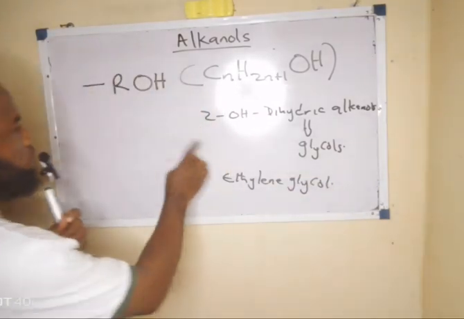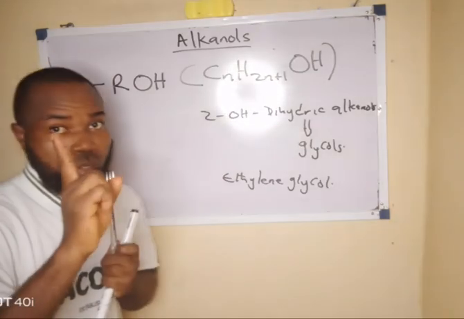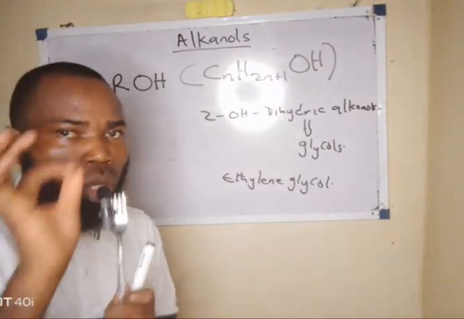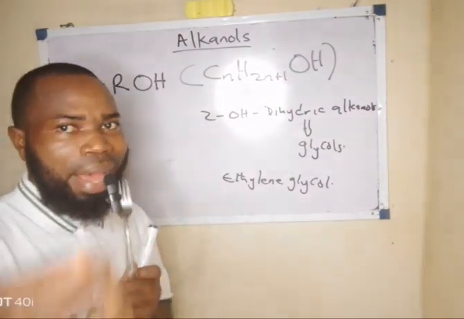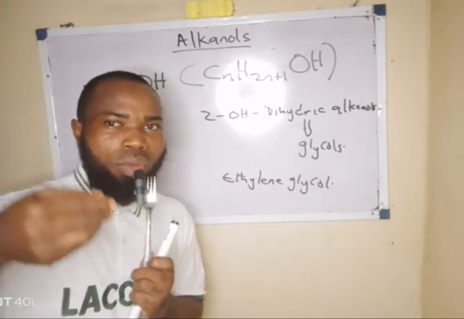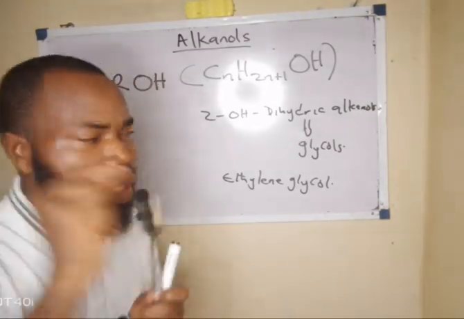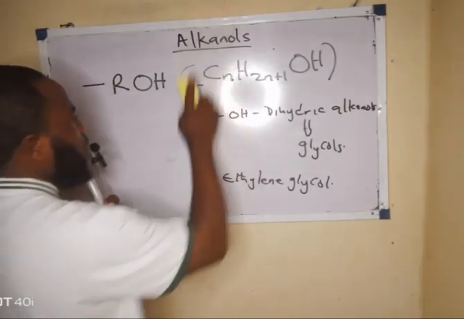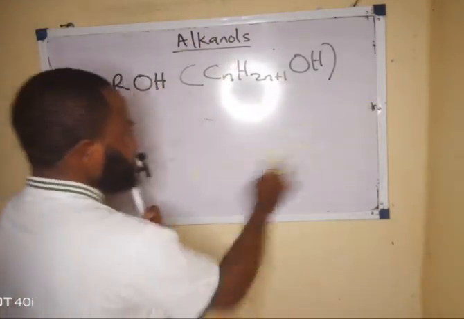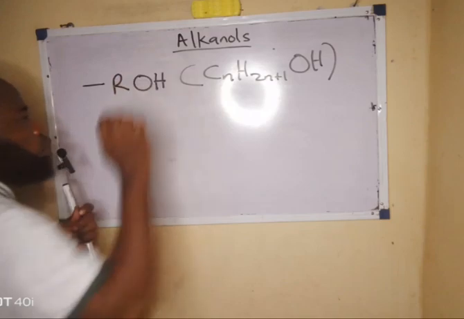Remember we said that those that have one hydroxyl group are known as monohydric alkanols. Those that have two hydroxyl groups are called dihydric. We have trihydric, and those that have more than that are regarded as polyhydric alkanols.